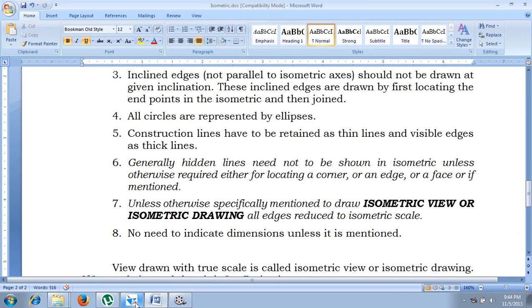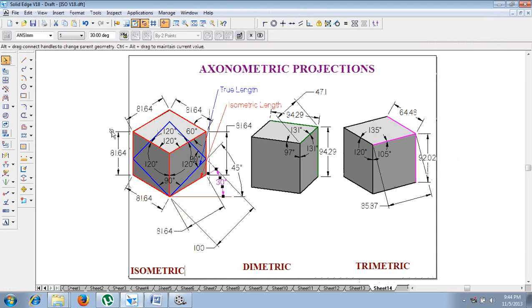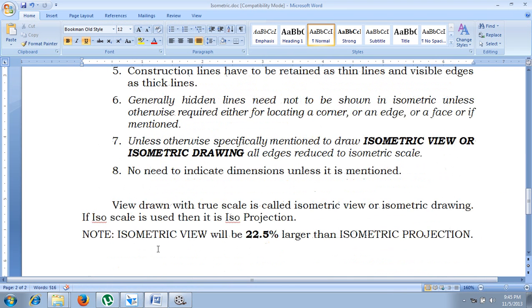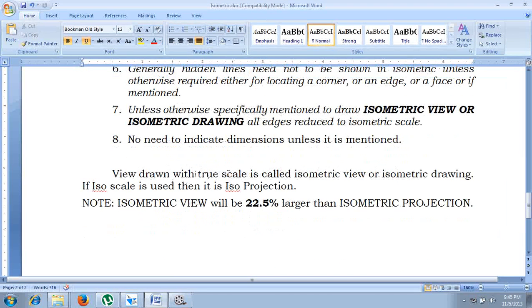Now here you can see whatever projections we draw, we need not draw the dimensions like this. We should have only the isometric projection of a cube or whatever the given solid may be. Then a view drawn with true scale is called an isometric view or isometric drawing.